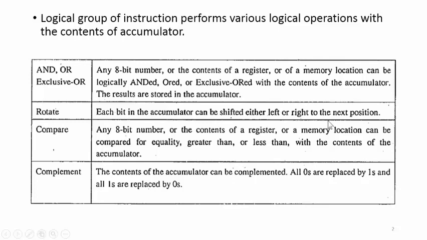But to give the result, whether the number is greater than, smaller than, or equal to, 8085 uses the flag bits. Different compare instructions are also available depending on the different addressing modes. We will see one by one all the instructions to perform these kinds of logical operations.